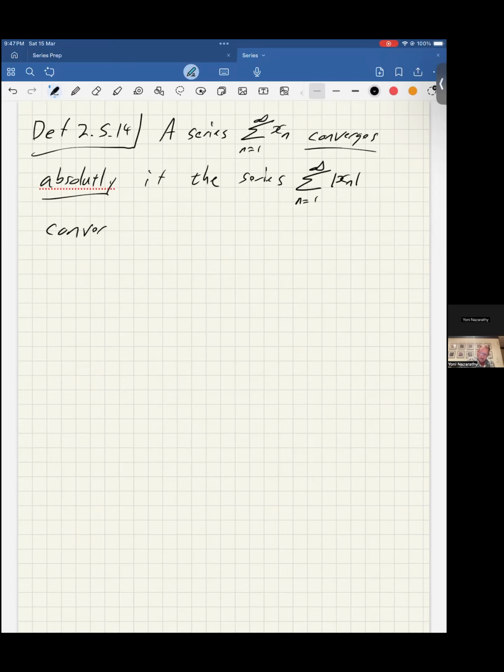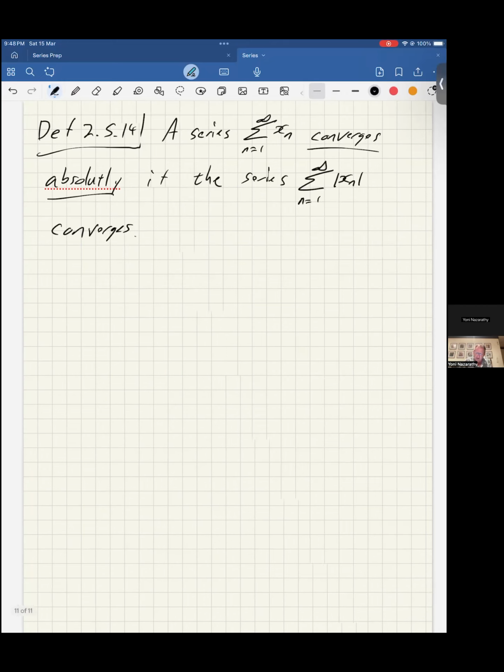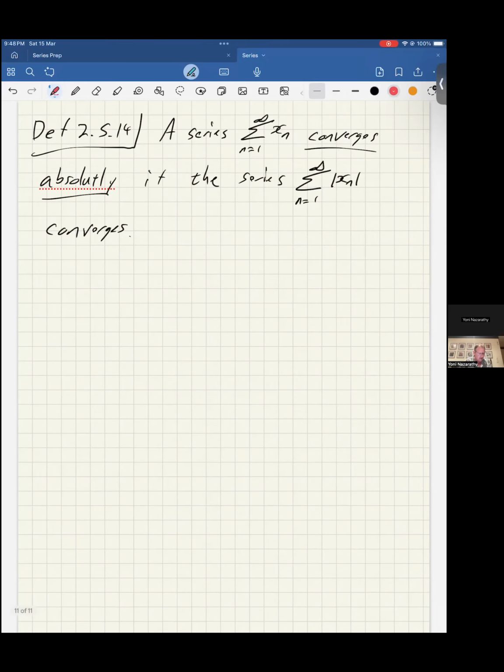We already know the definition of convergence of a series: it means the sequence of partial sums converges. And we say the series converges absolutely if this other series converges.